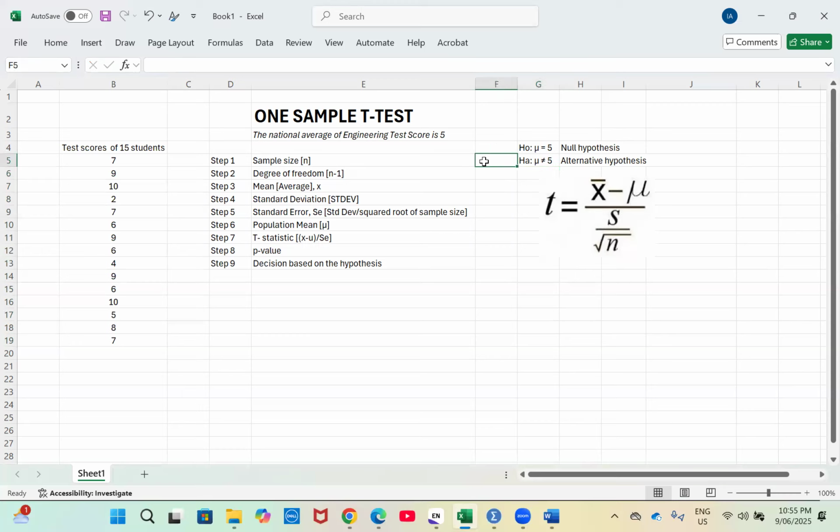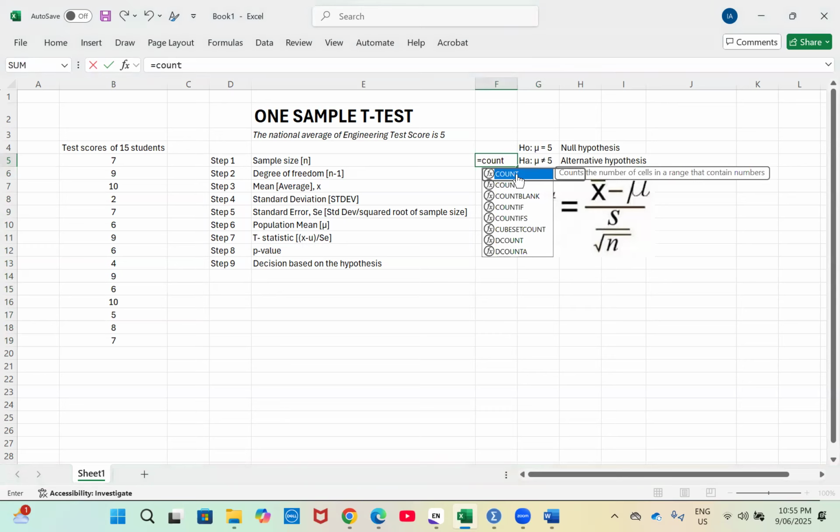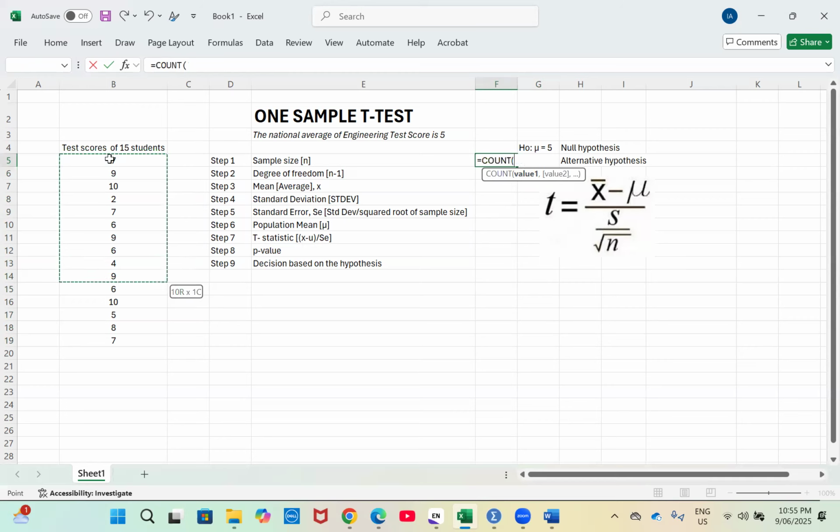If we want to get a one sample t-test done in order to decide whether we are going to reject the null hypothesis or not, this is how we'll go about it. The first thing is to know the sample size, the number of students we are sampling. In Excel there is a function called COUNT, and you put it on the test scores, and that will give you 15.